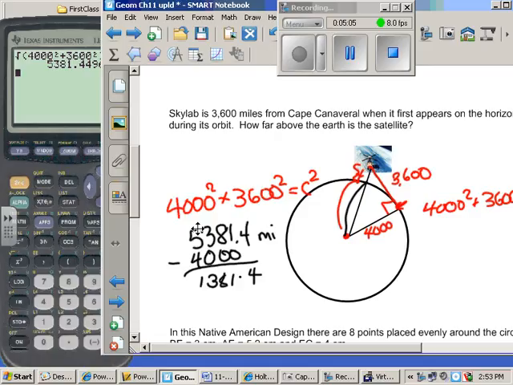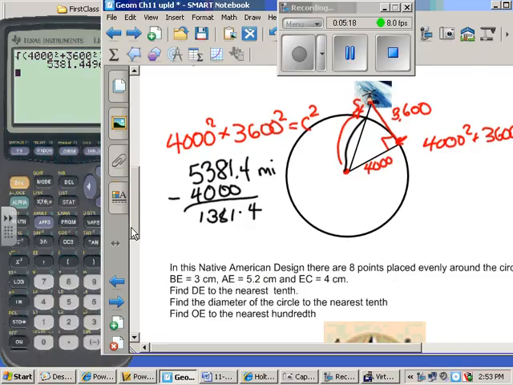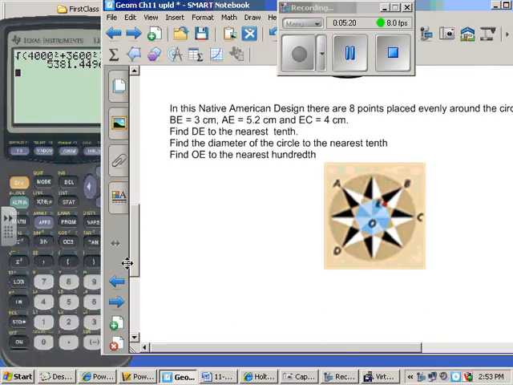So that's an example of how we can use the segment formulas we learned, secant-secant, secant-tangent, chord-chord, to solve real world problems. The next one is for a Native American design. It has 8 points and looks like a compass.